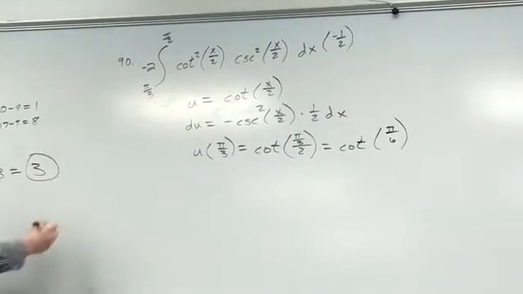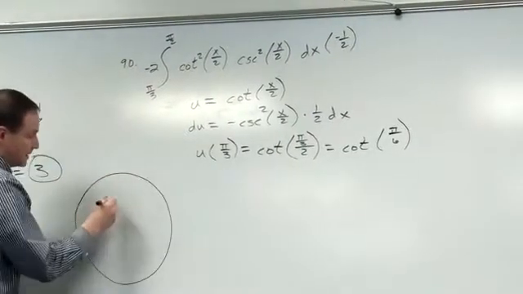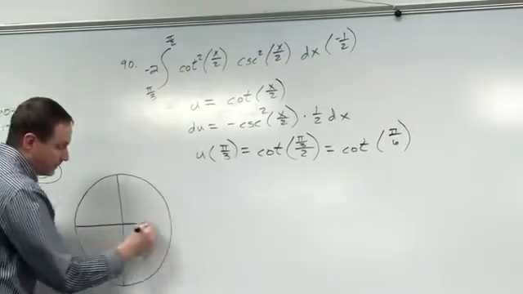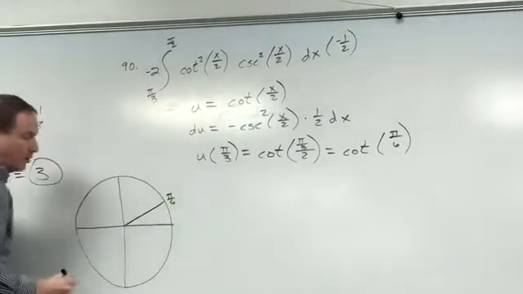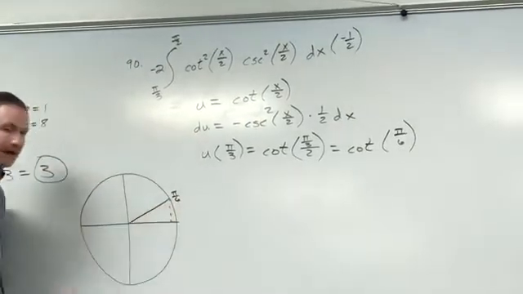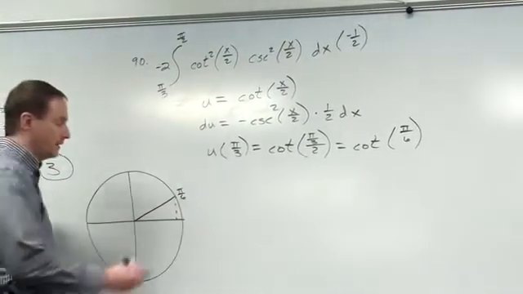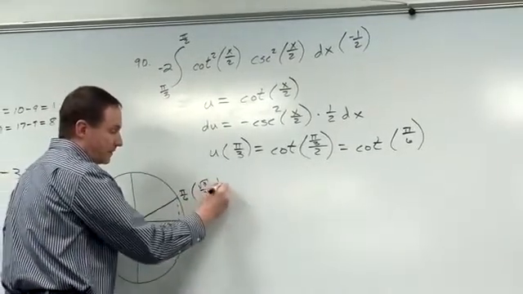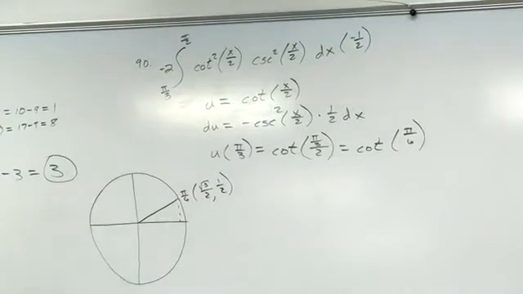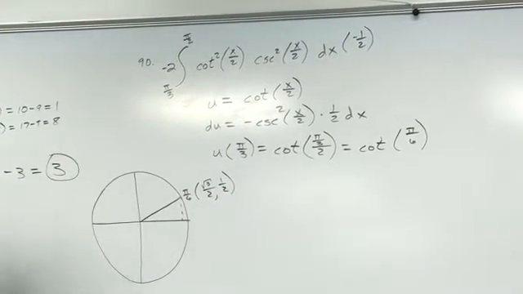So I'd say, well, if I'm at pi over 6 on the unit circle, what I'm supposed to know is that the x value on the unit circle at that point is the square root of 3 over 2. The y value, the sine, 1/2. So I know cotangent is cosine over sine.